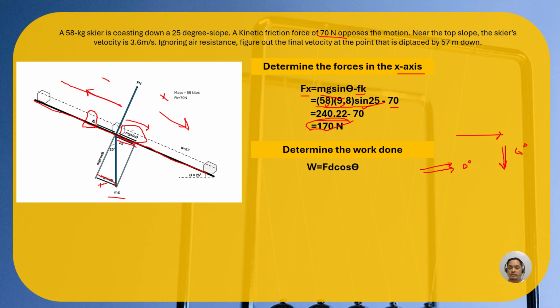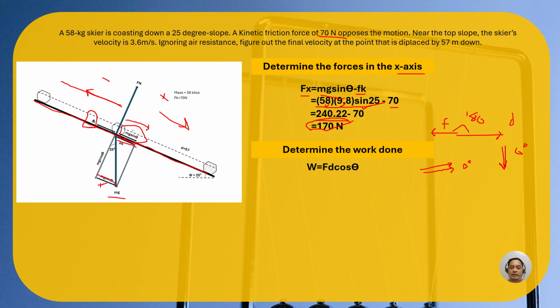The work becomes negative if we have opposing vectors. For example, the displacement is going in this direction, and then the friction force is opposing this direction. So it will be forming a 180 degree angle. And if you input that in your calculator, it will give you a negative 1. Cosine 180 is negative 1.